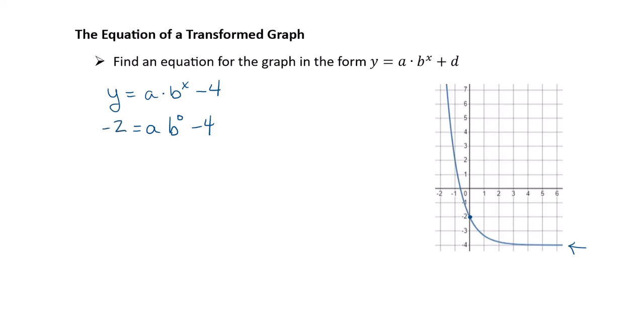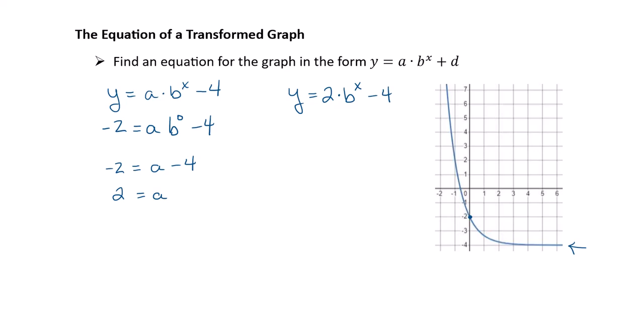Well, b to the 0 is just 1, so I have a minus 4 on the right and -2 on the left, and a is equal to 2. So now I have that part of my graph. I know that y is equal to 2 times some base, I'm not sure what the base is quite yet, to the x minus 4.